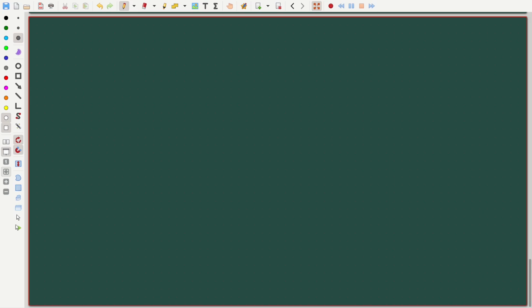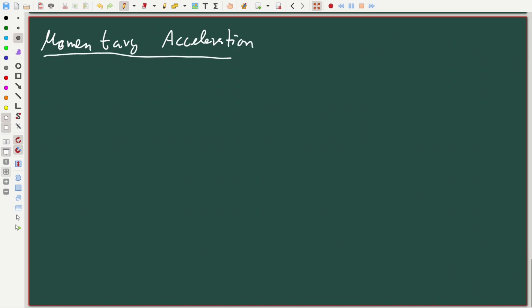So now we can continue with our acceleration. And similar to the speed that we have defined before, we can also define a momentary acceleration. Yeah, so until now we always looked at the case where a is equal to constant. It does not change. But of course, we can always have the possibility that a is also a function of t.